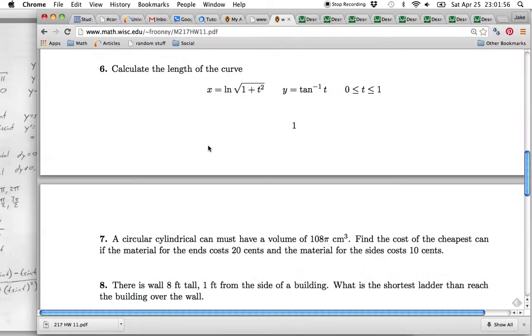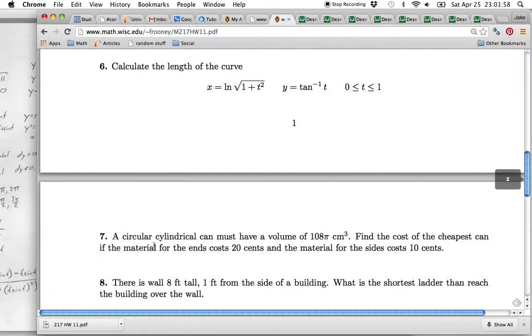We'll look at number 7 now. Number 7 says, a circular cylindrical can must have a volume of 108 pi cubic centimeters. Find the cost of the cheapest can if the material for the ends costs 20 cents and the material for the sides costs 10 cents. Now, based on the way it's stated, we would imagine the cheapest can is 30 cents, because the ends cost 20 cents and the sides cost 10 cents.